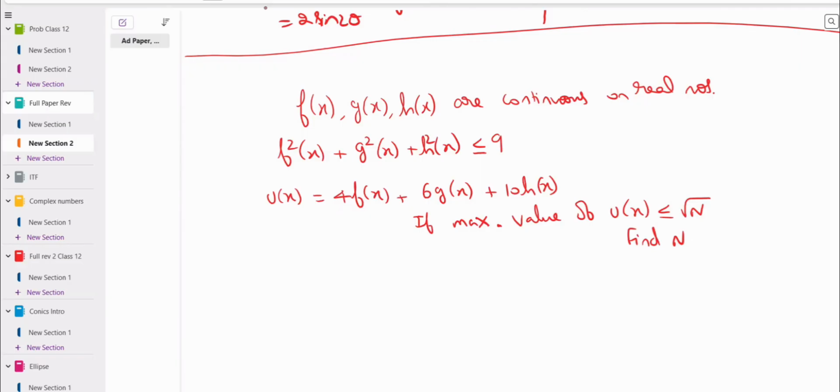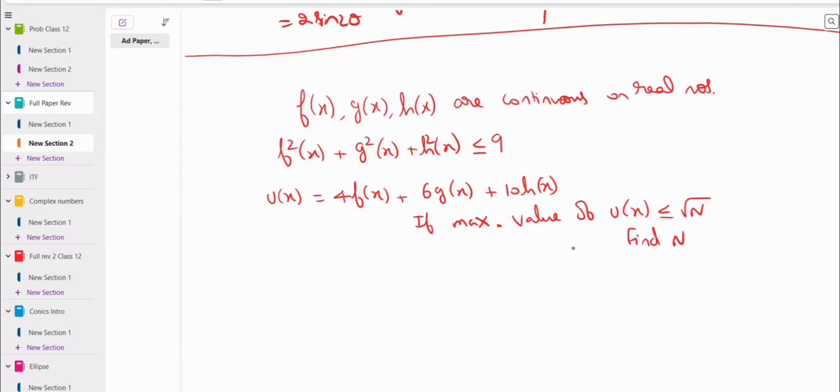But you have no idea about what these functions are. So trying to bring differentiability into this, putting u dash of x equal to 0, is not going to give us any help.